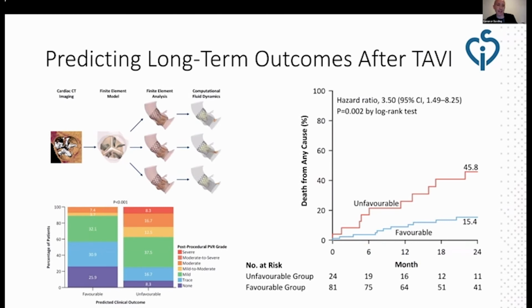As we can see here, if the computer simulation predicts that you're going to have moderate or severe paravalvular regurgitation, you have a much higher chance of developing it, but also at long-term follow-up of 2 years, your hazard ratio for death is 3.5, so highly significant. So as we move into these younger patient cohorts, we should certainly be considering that high anatomical risk patients be considered for computer simulation to help guide whether they should have TAVI or surgery.